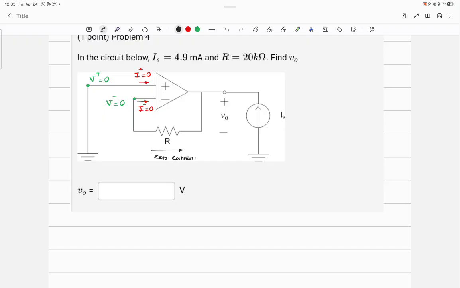If there is no current passing through the resistor, it plays the role of a wire. So what is the voltage to the right of the resistor? Also 0. So what is VO? 0 volts. Remember, op amp is probably the easiest part of the third exam to get points.